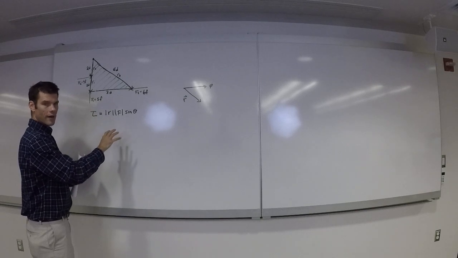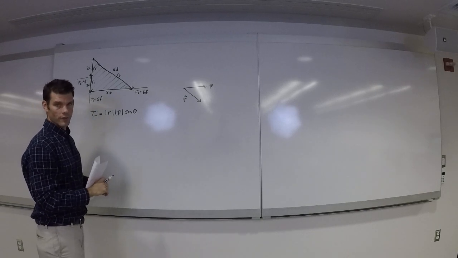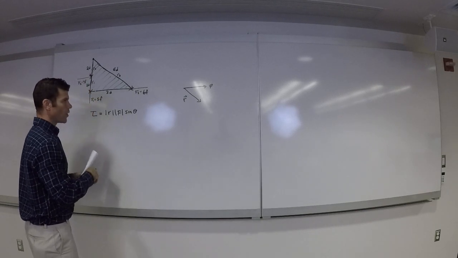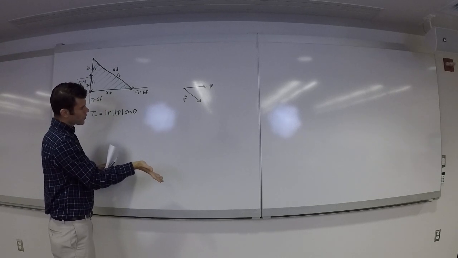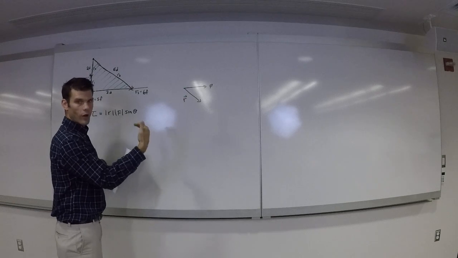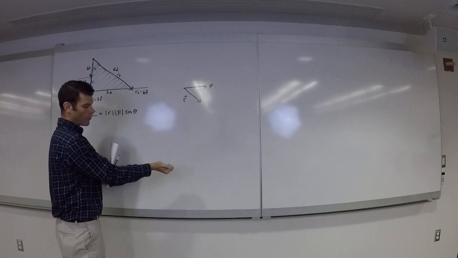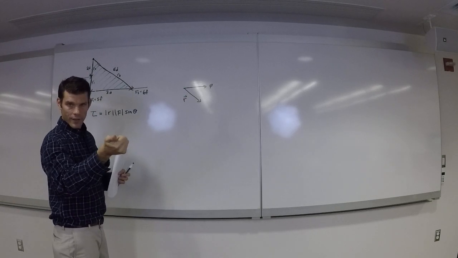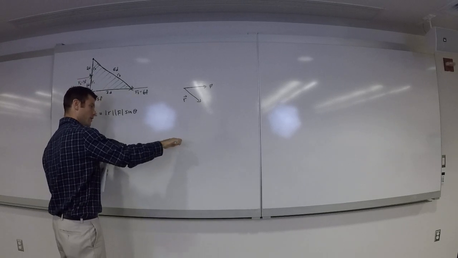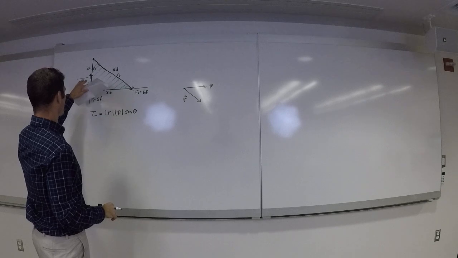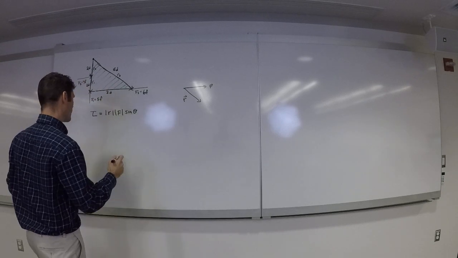We're going to use that fact to find the direction in which the torque is applied. If we always draw this so that R is curling towards F in the counterclockwise direction, the torque will always be directed out of the board if the torque is positive, but if it's negative, it will be into the board. So let's try and calculate each of the torques, and then we can find the total torque.